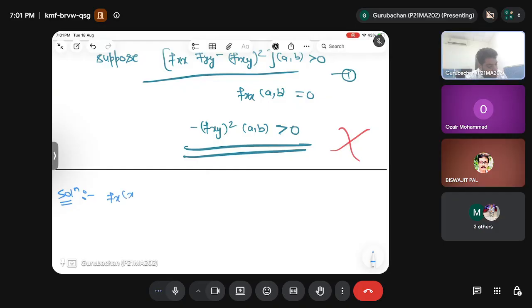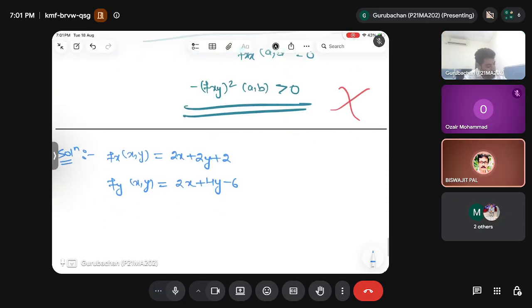So fx at (x,y) is 2x plus 2y plus 2. fy at (x,y) is 2x plus 4y minus 6. So put fx equal to 0 and fy equal to 0.